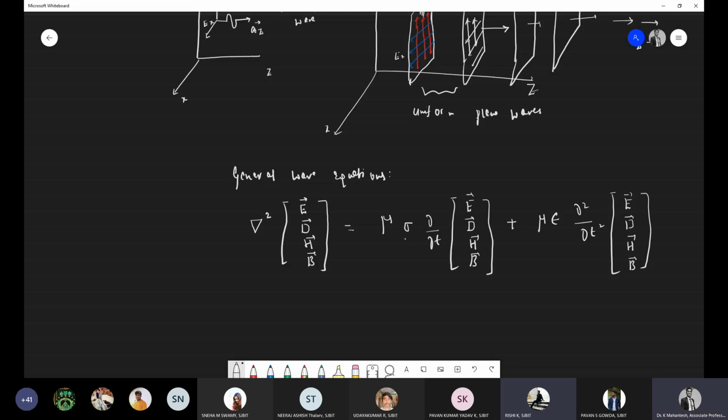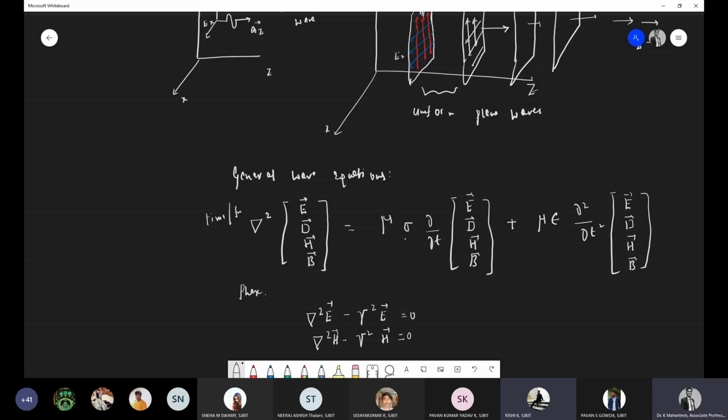and in phasor domain, this is in time domain or in frequency domain. Similarly, in phasor domain, you can write the wave equations as del square E minus zeta square E equal to 0, del square H minus zeta square H is equal to 0.